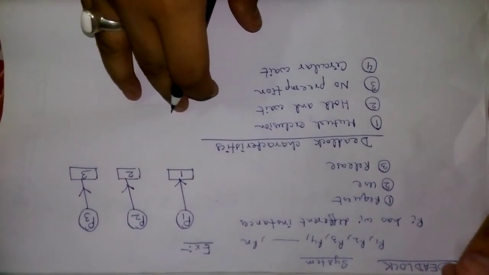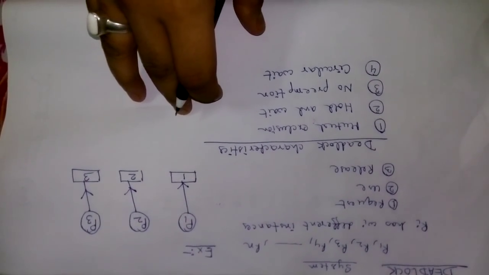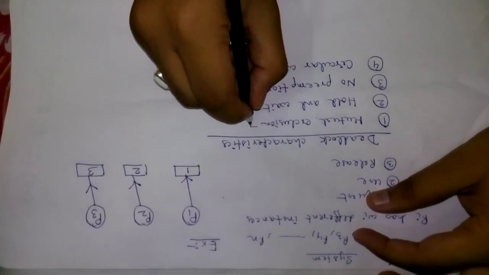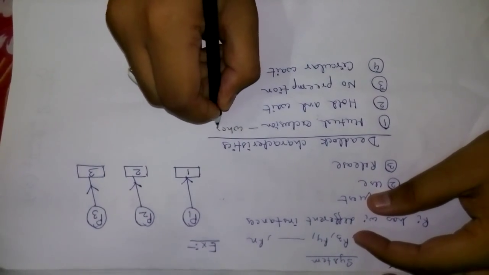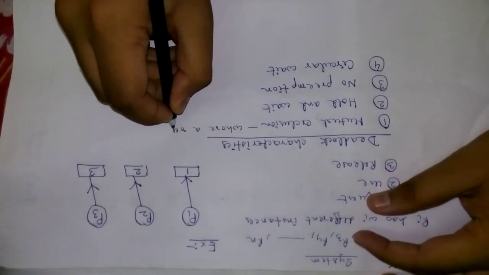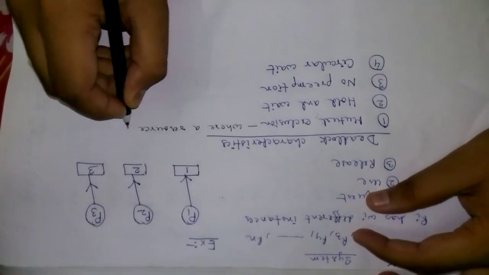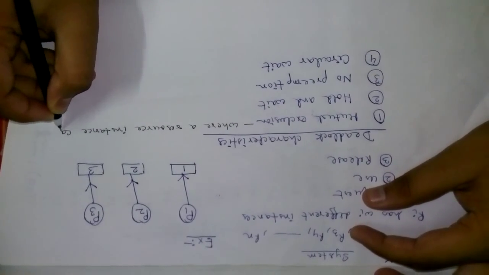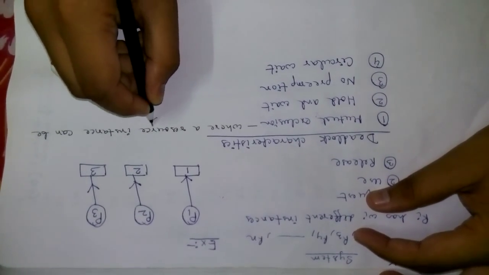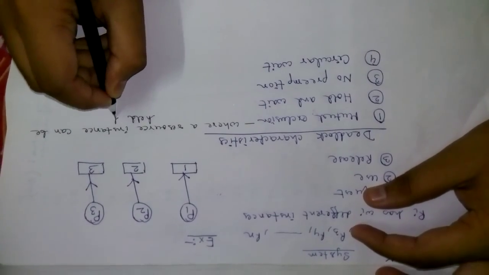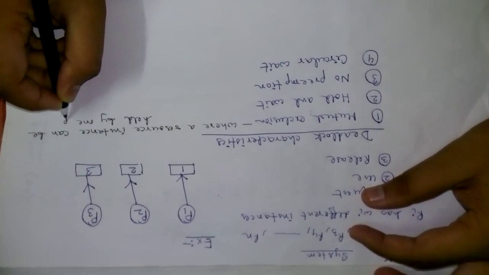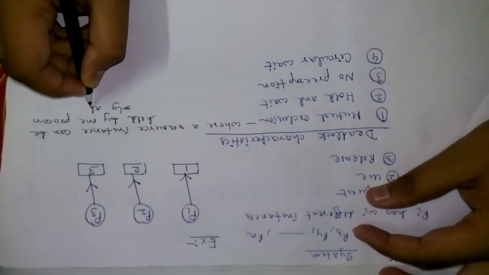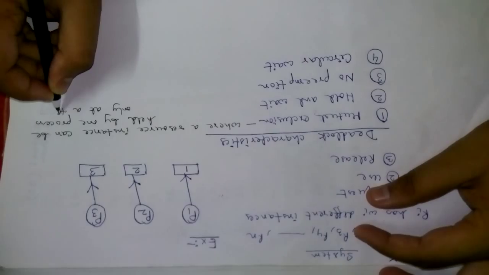Now we are going to know what is mutual exclusion. Mutual exclusion is a phenomenon where a resource instance can be held by one process only at a time.